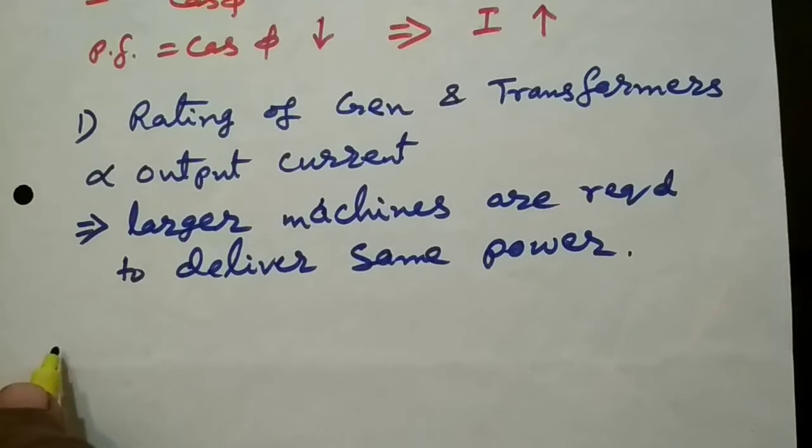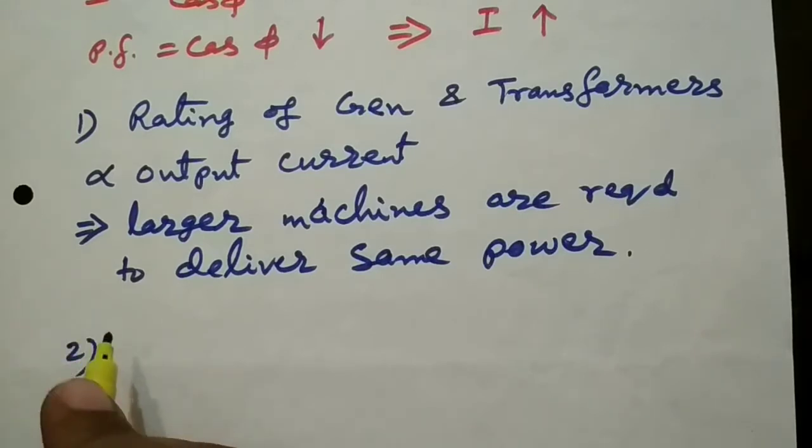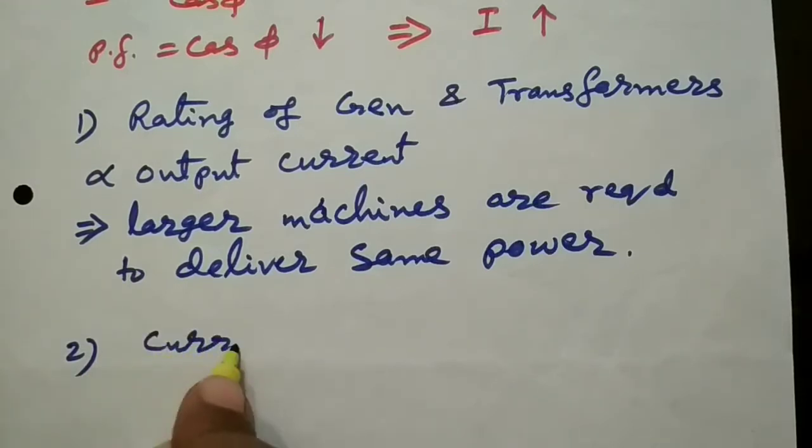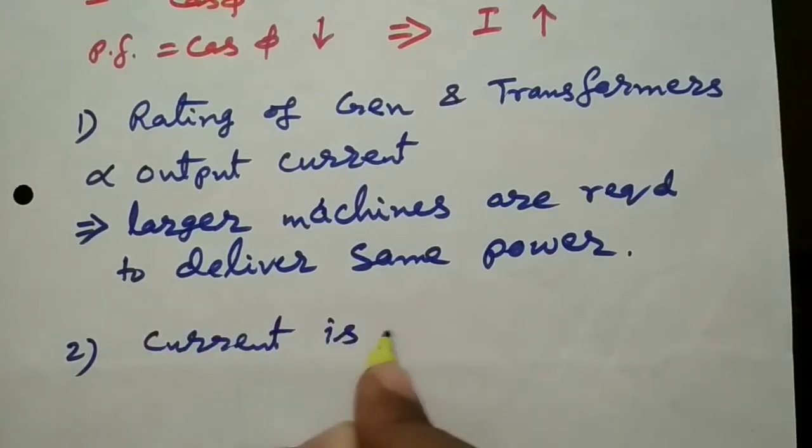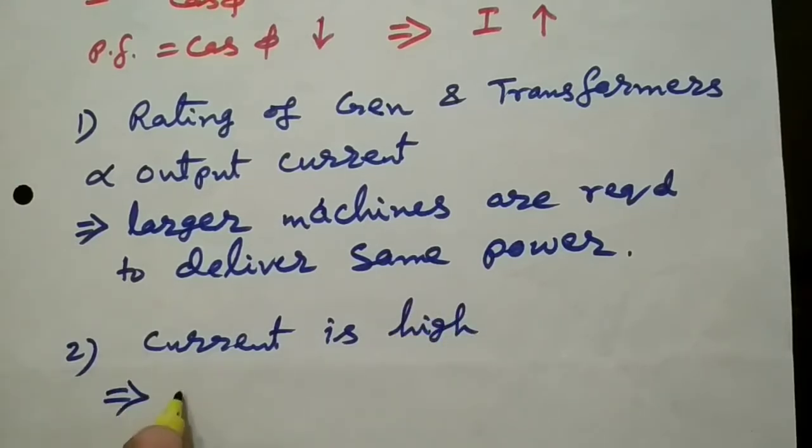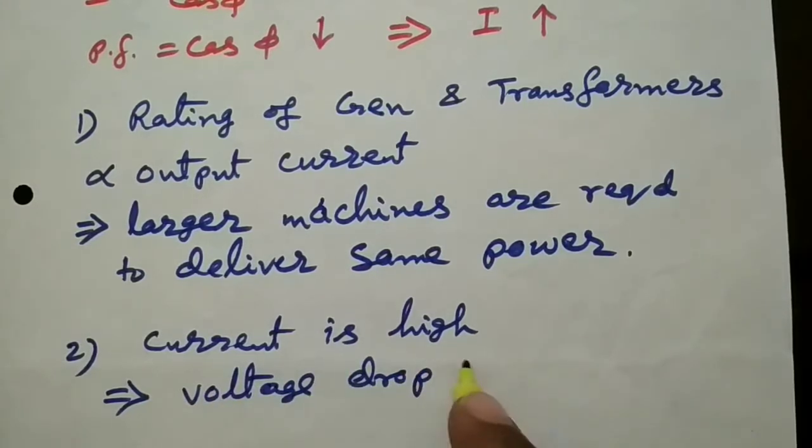The second disadvantage is, if the current is high, then the voltage drop in the system will also be high.